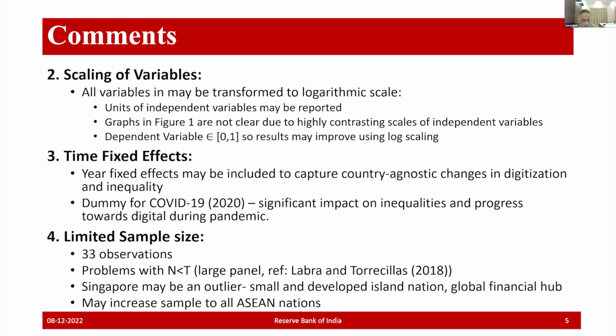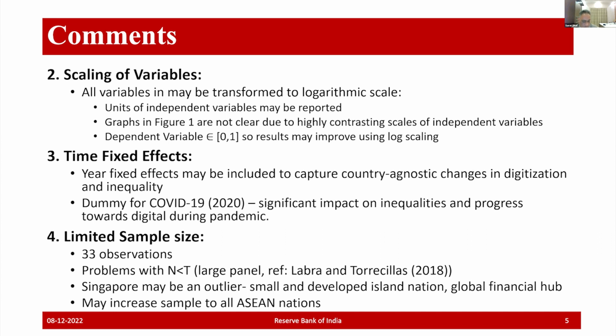But with this kind of sample, where n is less than t, the author needs to follow a nice article I have shown, by Labra and Torrecillas. Another comment on limited sample size: Singapore may be an outlier compared to the other 2 countries, Indonesia and Thailand. Maybe an appropriate study would increase the sample size to all ASEAN nations so that you overcome this shortcoming of the empirical models.